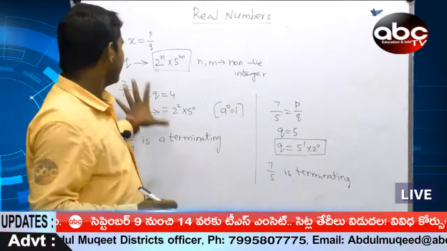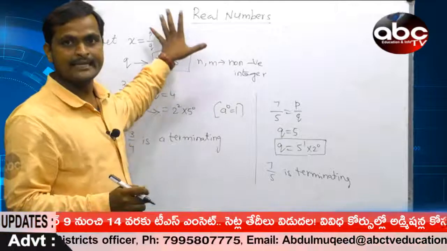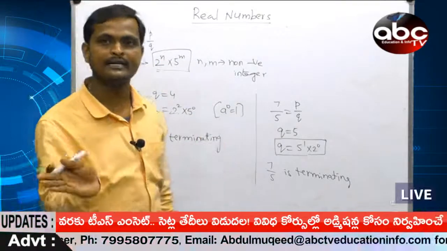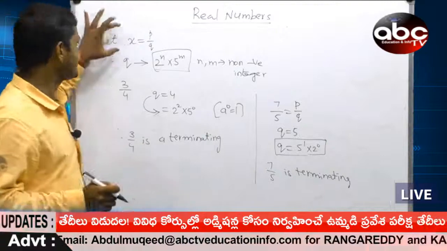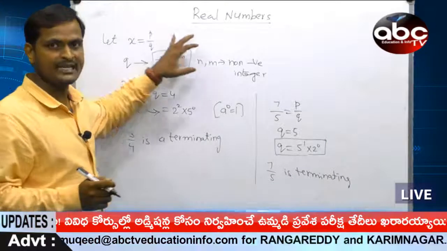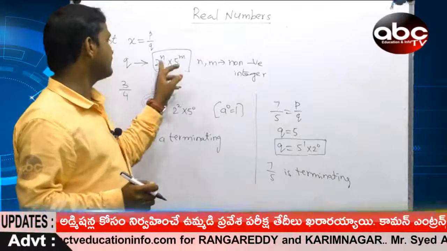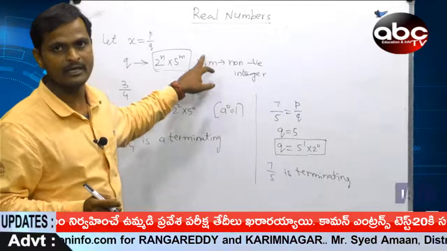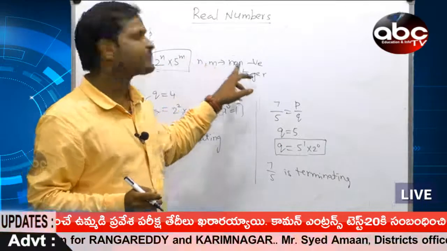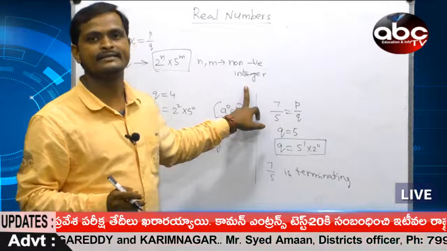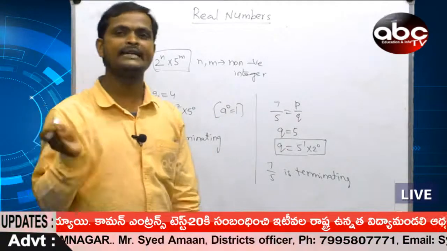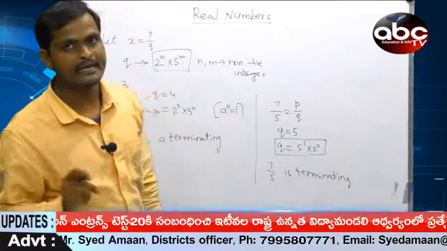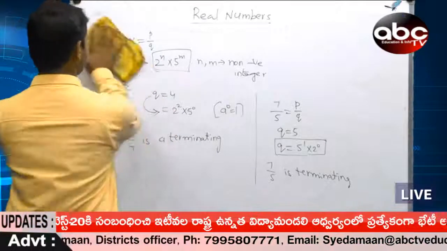Now, I hope this is clear: how to convert rational to decimal, decimal to rational, and using this trick, let x be p by q rational, where q is in the form of 2 power n and 5 power m, where n and m are non-negative integers.